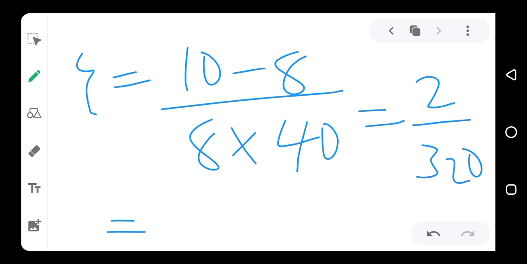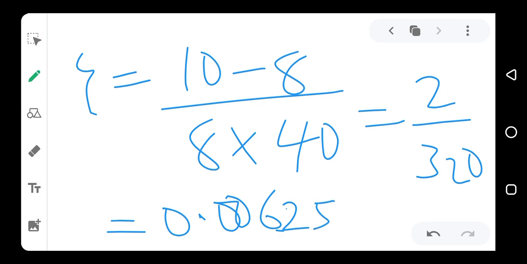Now this gives us 0.00625. This is now the apparent cubic expansivity of the liquid.